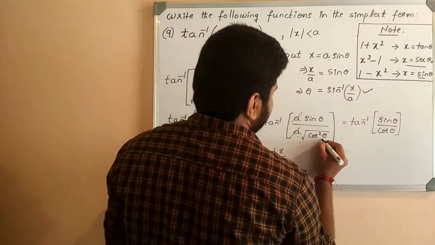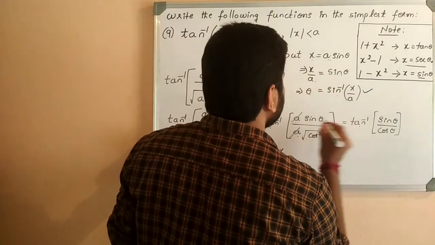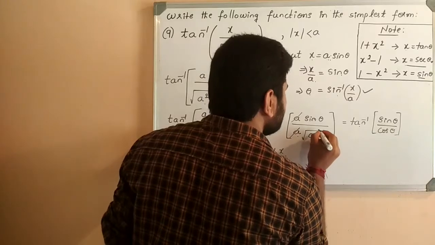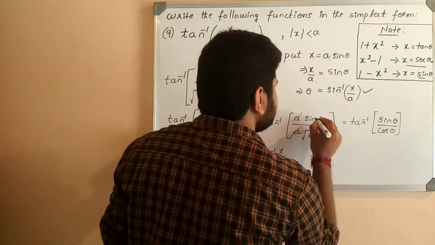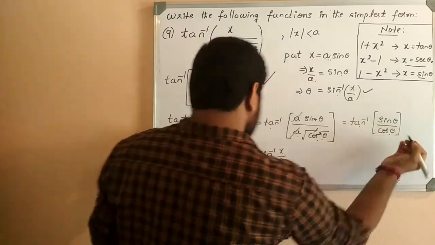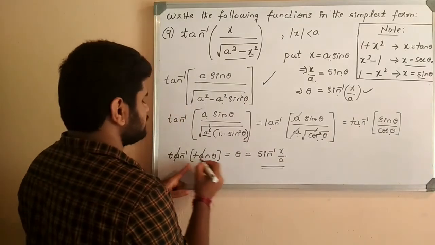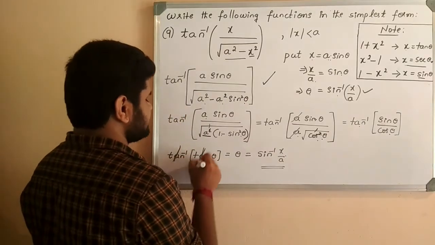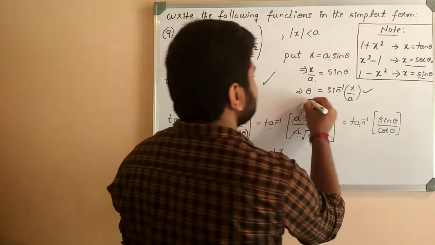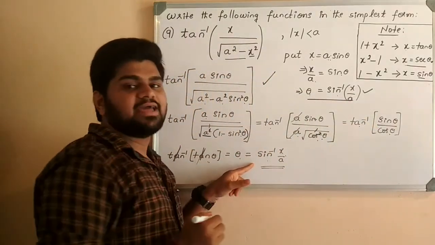So root of cos square theta, tan inverse of sin by, here also root and square gets cancelled, sin by cos is tan. So tan inverse of tan theta, tan inverse tan gets cancelled, theta is equal to sin inverse of x by a.